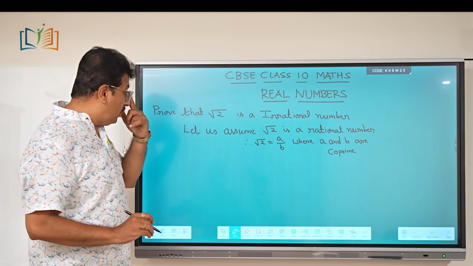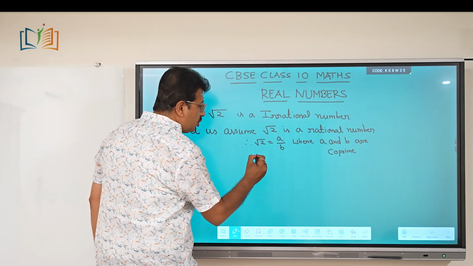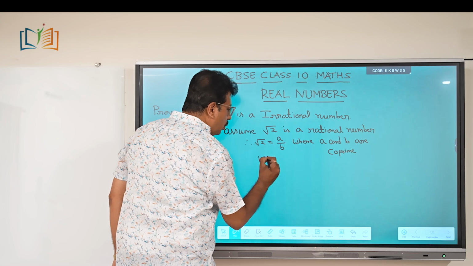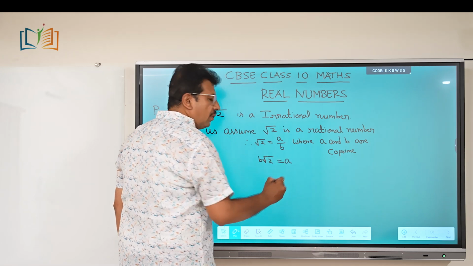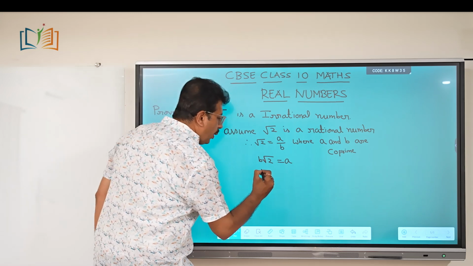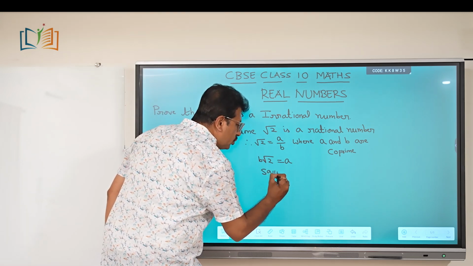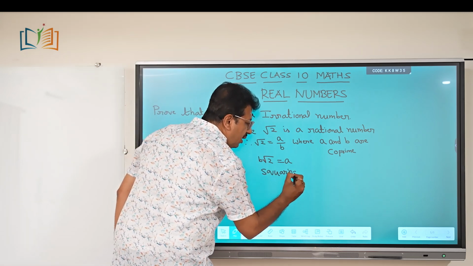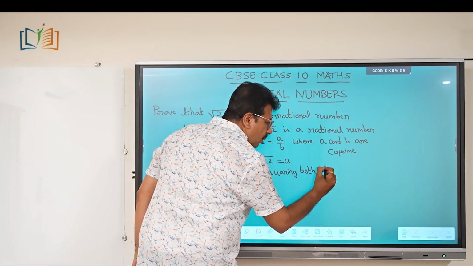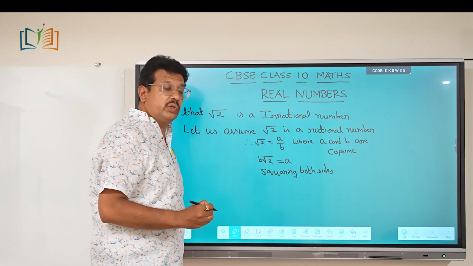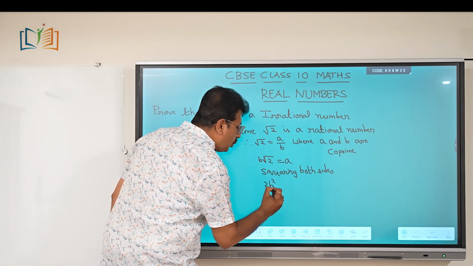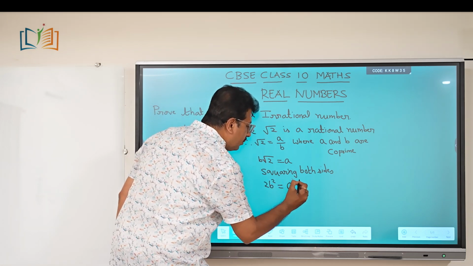After this we can cross multiply. When you cross multiply, b root 2 equals a. Then squaring on both sides. Why you should square, I will tell you the reason behind squaring both sides. Squaring both sides, it is 2b square equals a square.